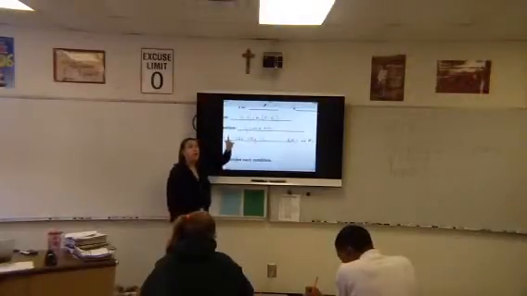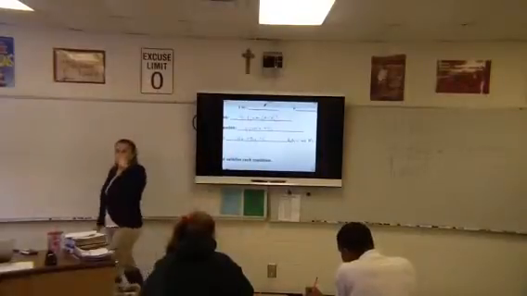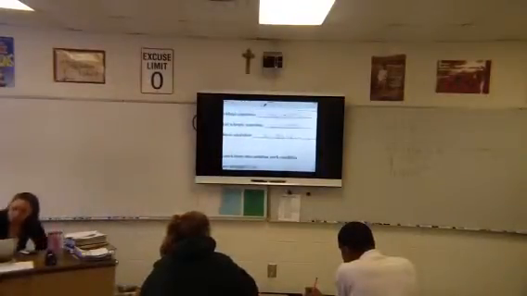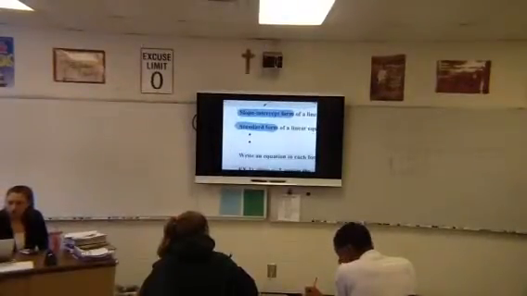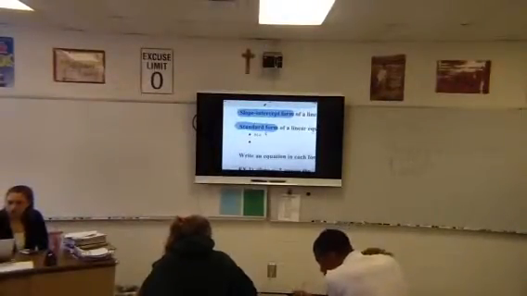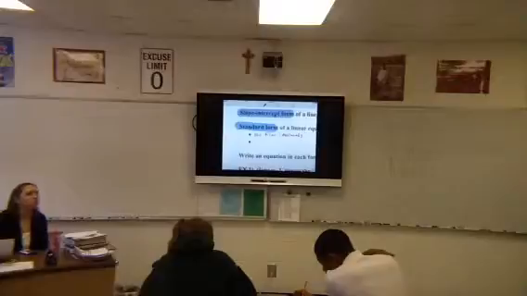Now, there are two very, very important rules with this. The first rule is that there can be no fractions or decimals in your final answer when we're talking about standard form.